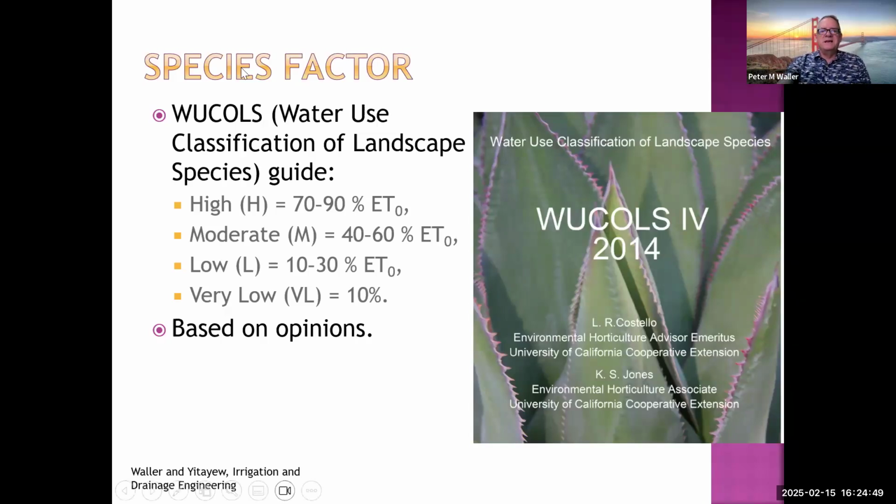So in general, they say a high species coefficient is 70 to 90% of reference ET, moderate is 40 to 60% of reference ET, low is 10 to 30% of reference ET, and very low is 10%. And like I said, it's based on opinions of landscape architects.